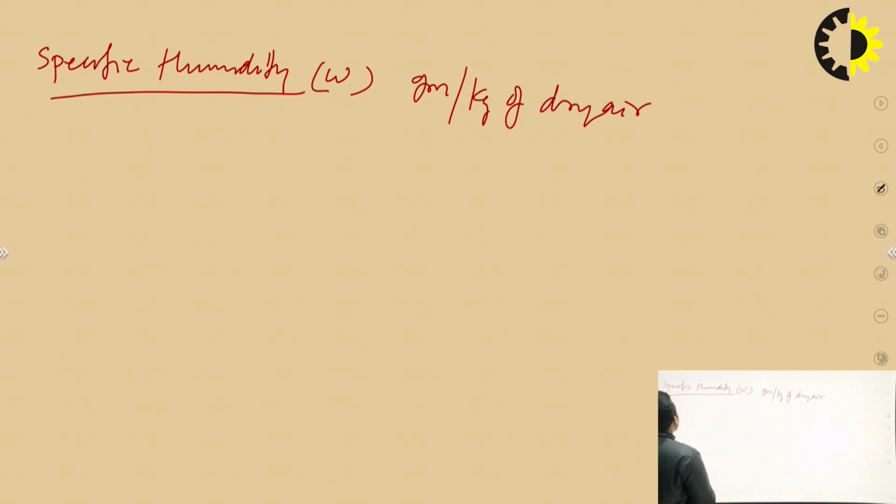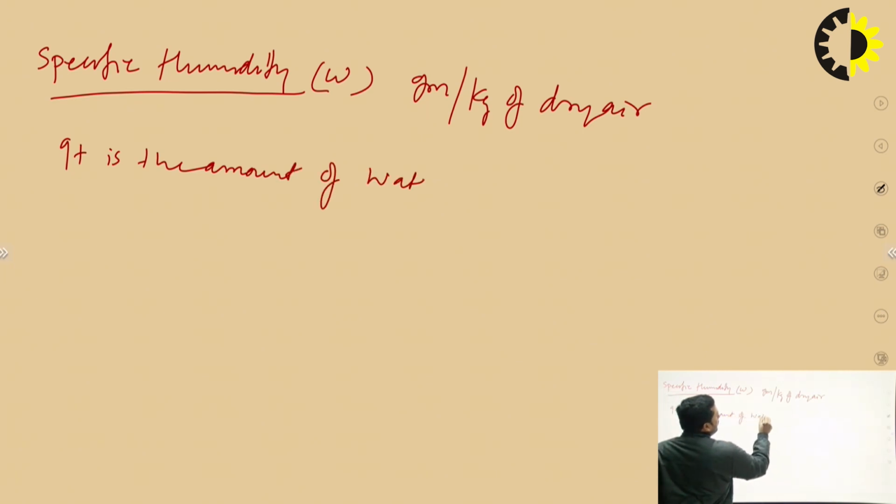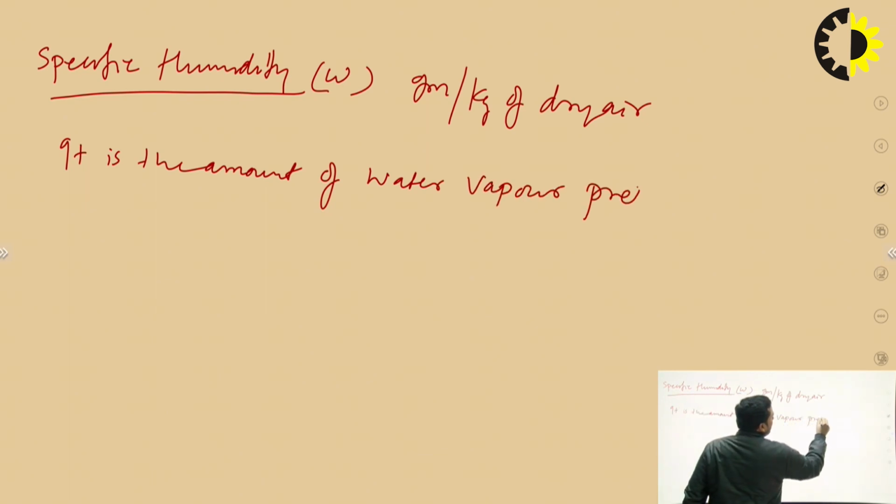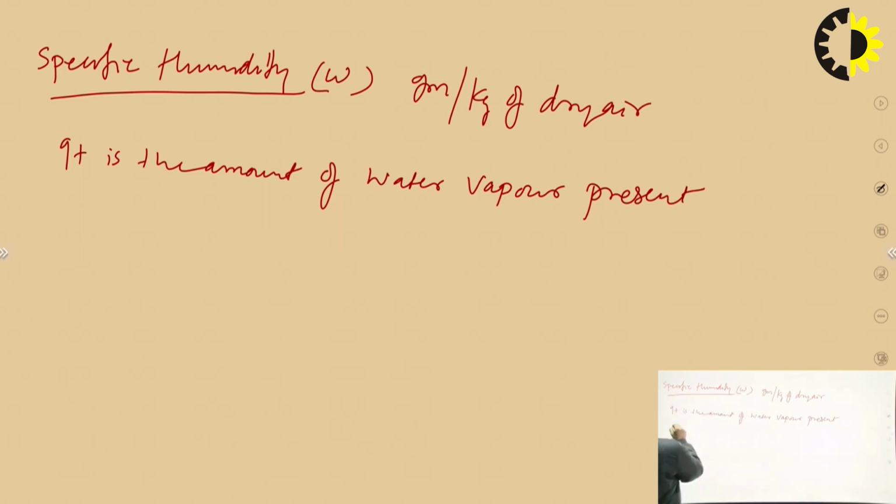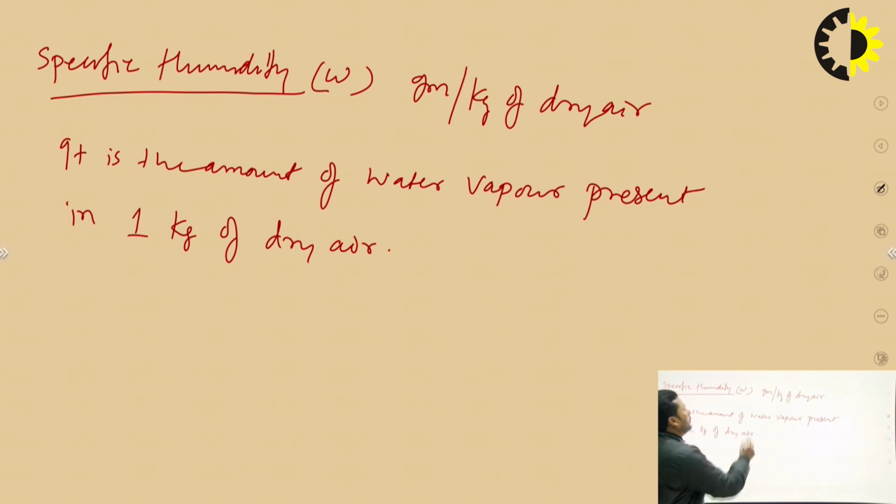It is the amount of water vapor present in 1 kg of dry air. So the amount of water vapor present in 1 kg of dry air is known as specific humidity. It is represented by W and its unit is gram per kg of dry air.